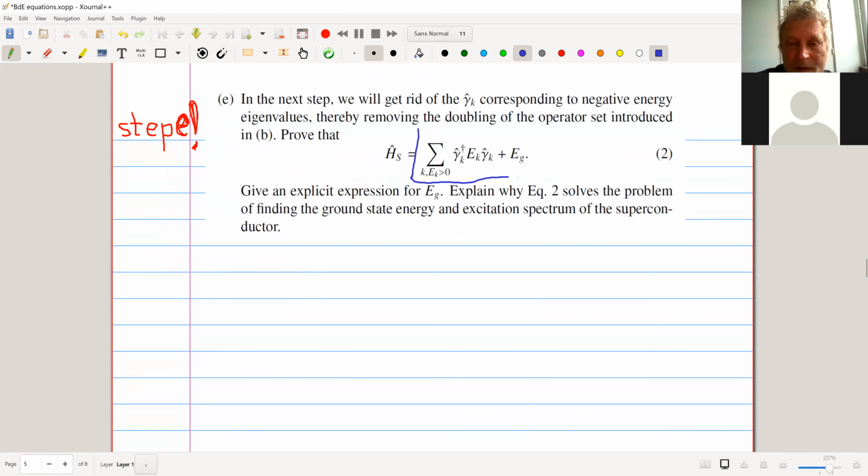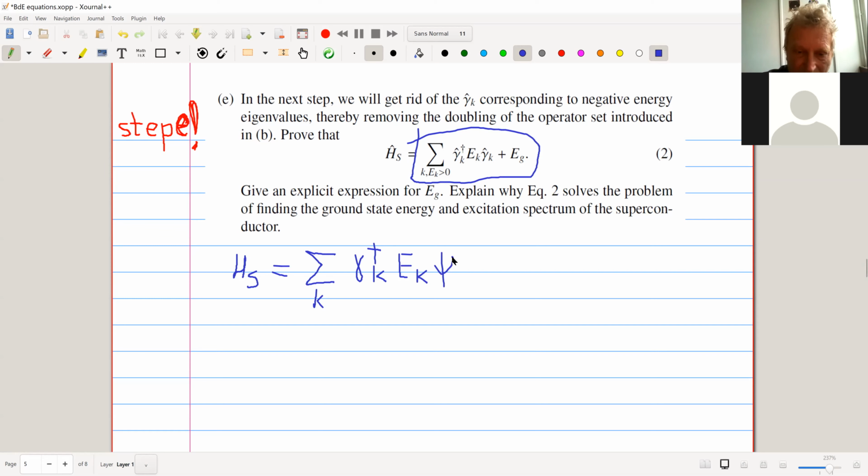So I want to come to this formula, starting from the expansion. I write it as the sum over k of gamma k, E k, gamma, gamma, 1/2, not to forget.